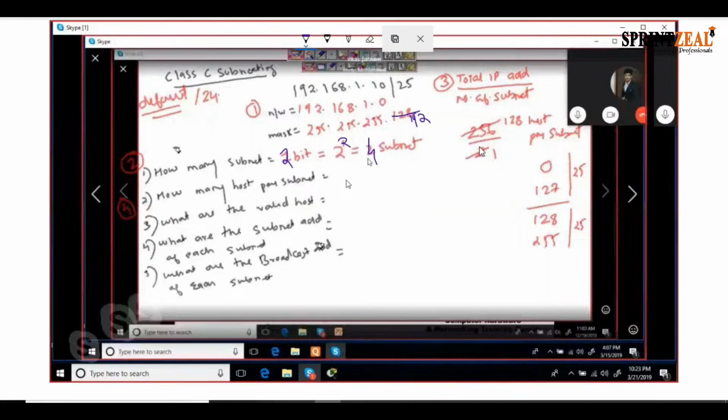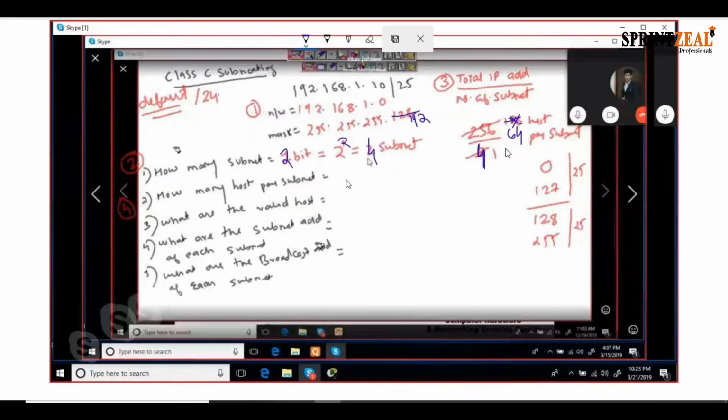If it is divided by 4, then what will be the answer? 64. So just correct your answer here. It will be 64 hosts per subnet. If this is wrong, then all your answers are wrong.